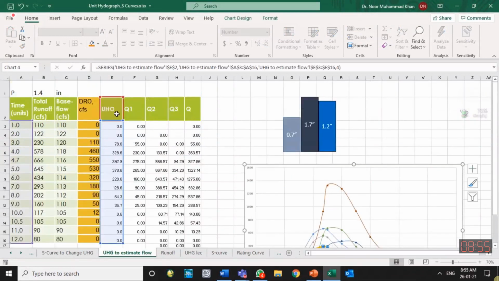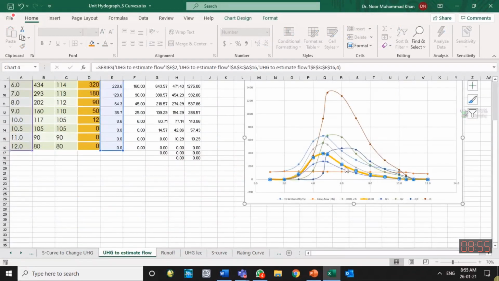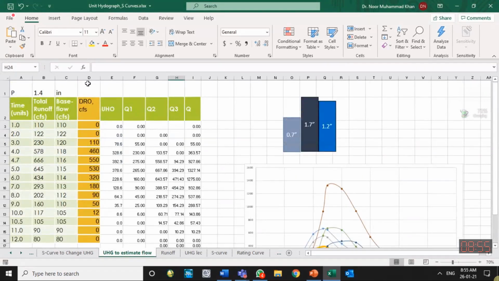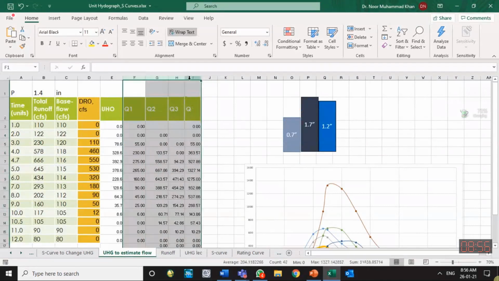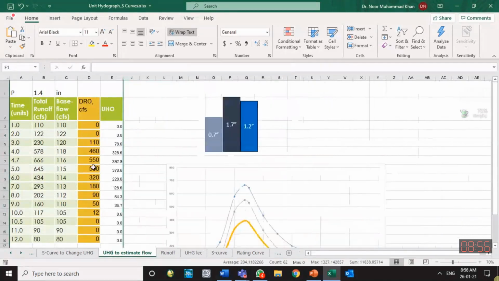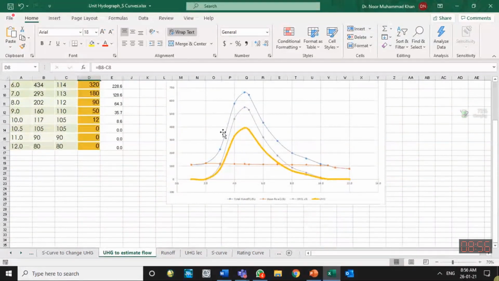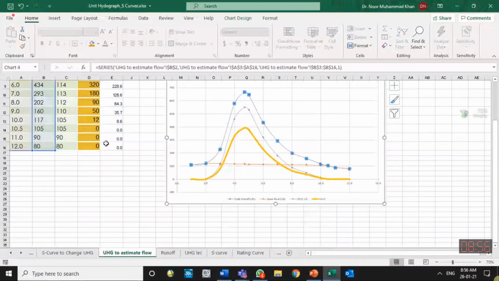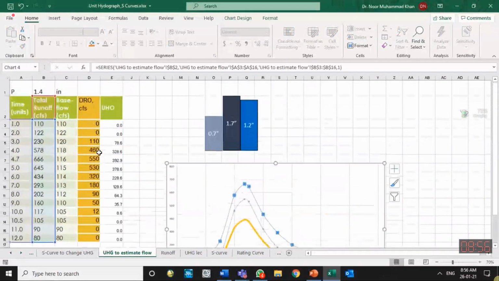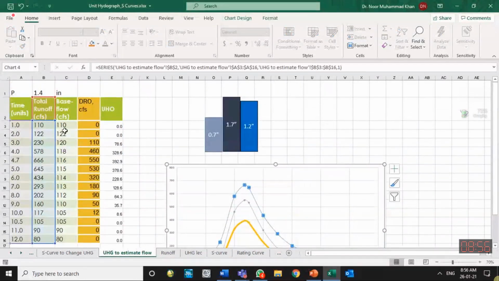So here is the final unit hydrograph ordinates in thick line. Here is the original hydrograph. If I switch off other columns, you will be able to see it in a good way. I switch off the extra columns, hide. Okay. So now this one is the input, blue one, total runoff.